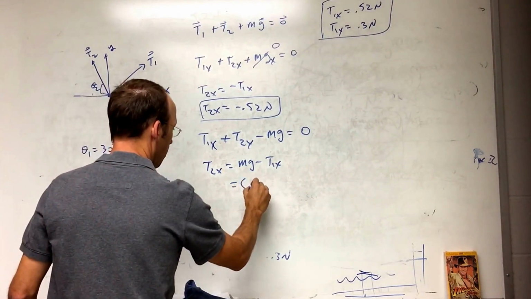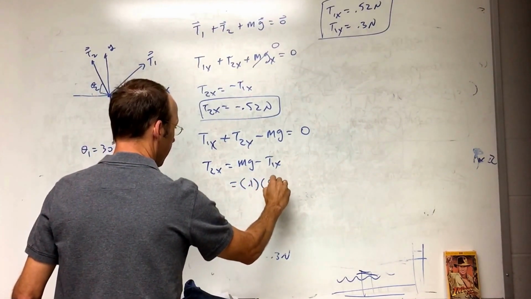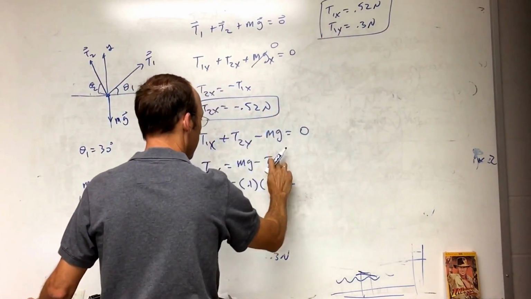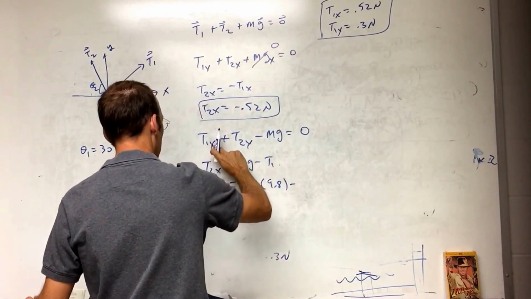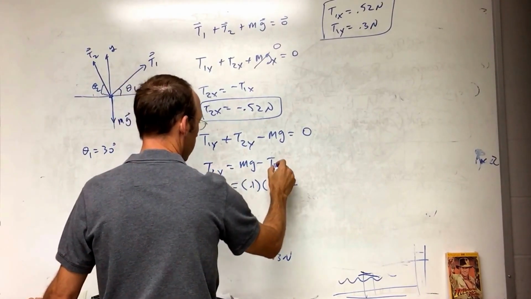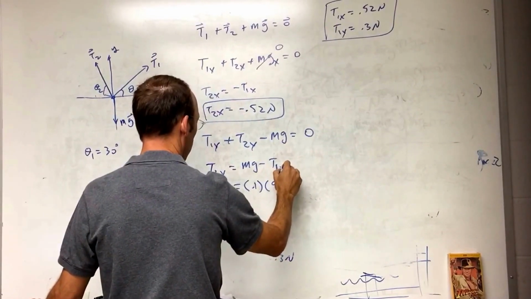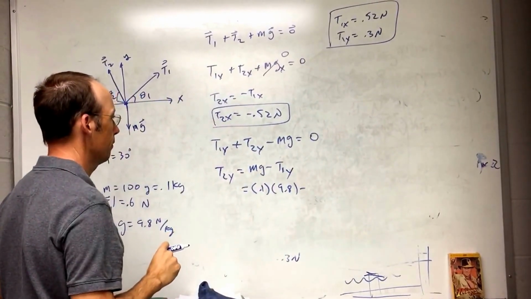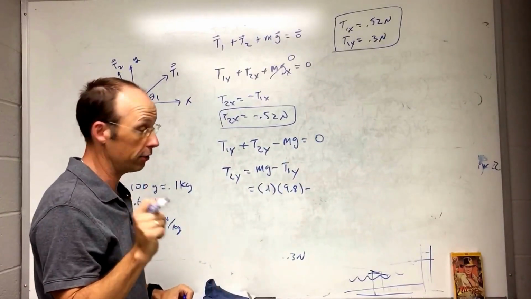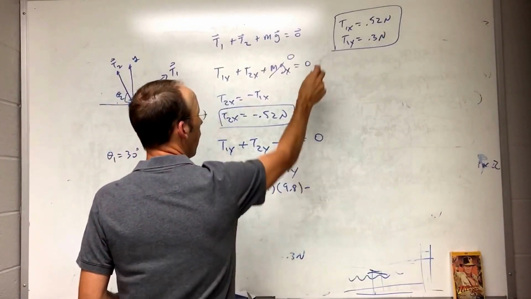So I get 0.1 times 9.8 minus T1x. I'm sorry, this is T1y. What am I doing? A y. T1y. Sorry. We're dealing with the y direction here, not the x. I caught my mistake, so it's okay. T1y of 0.3.